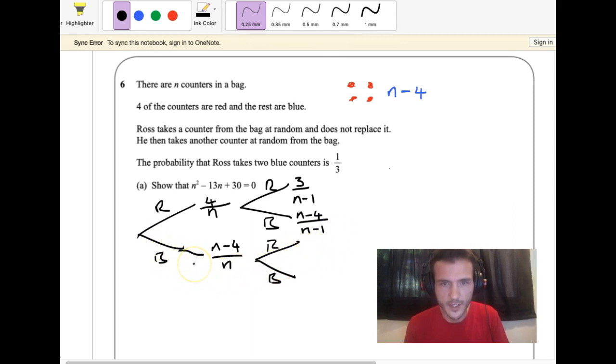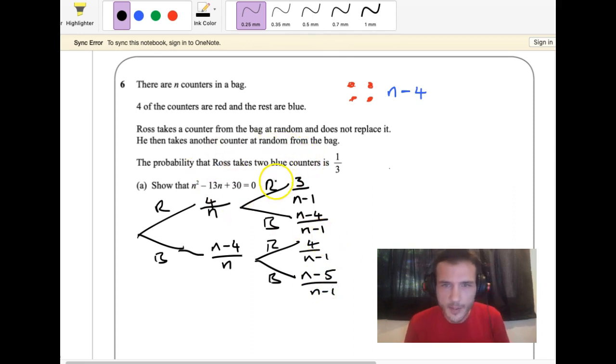If we pick a blue first and then a red, there are still 4 reds in there, over n minus 1. We pick a blue, then another blue: now there is n minus 5 over n minus 1.